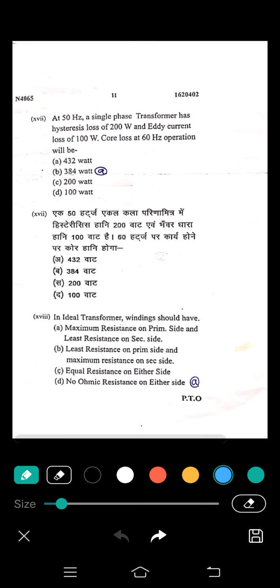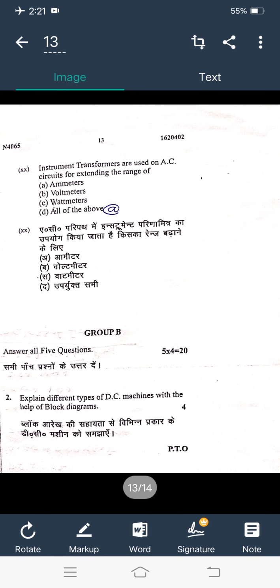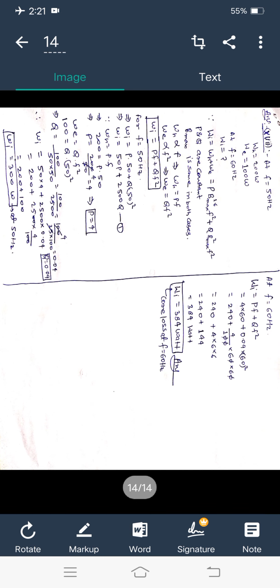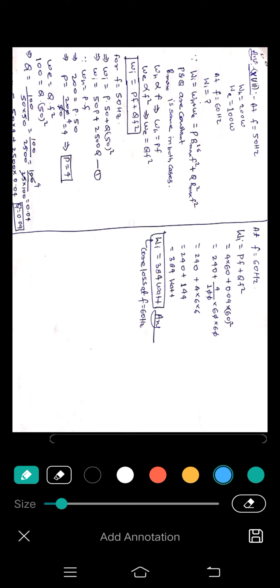I have worked out the solution on another page. If you see properly, at frequency 50 Hz, WH is 200 watt, the hysteresis loss, and WE is 100 watt, the eddy current loss.